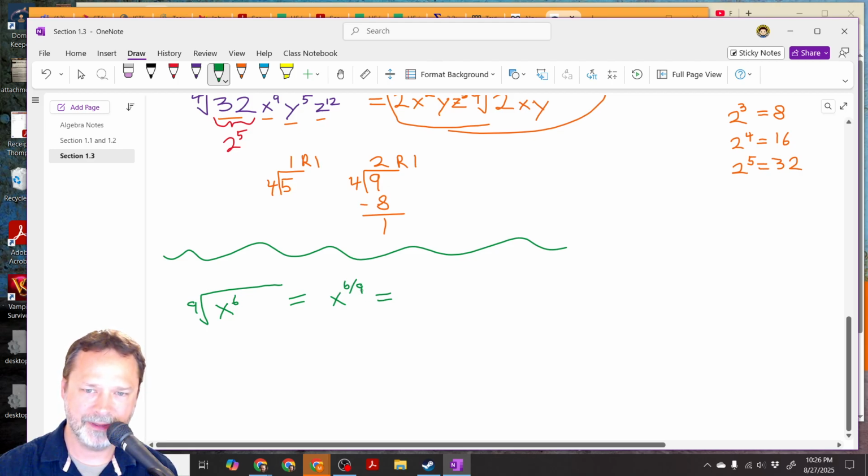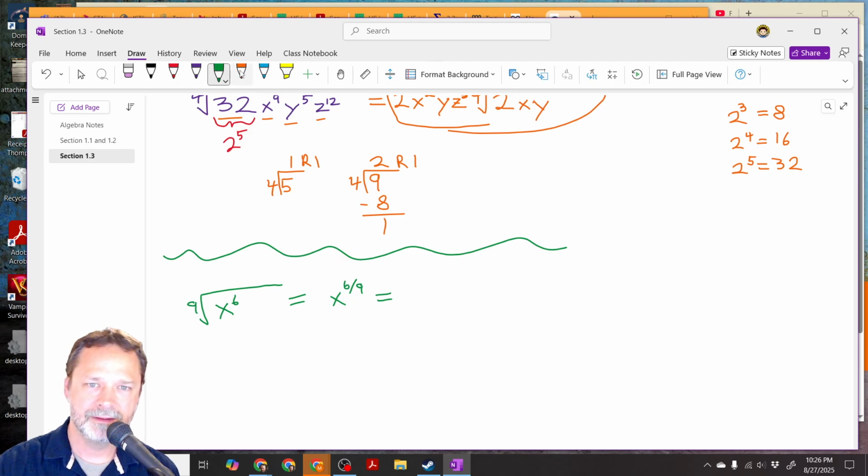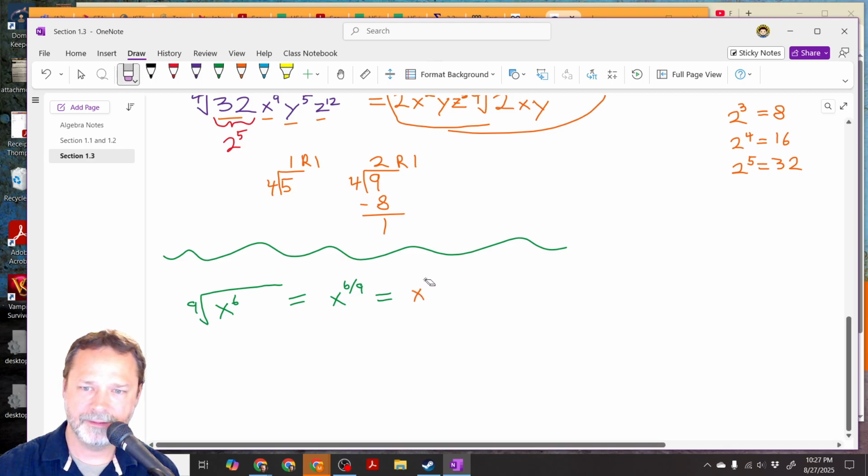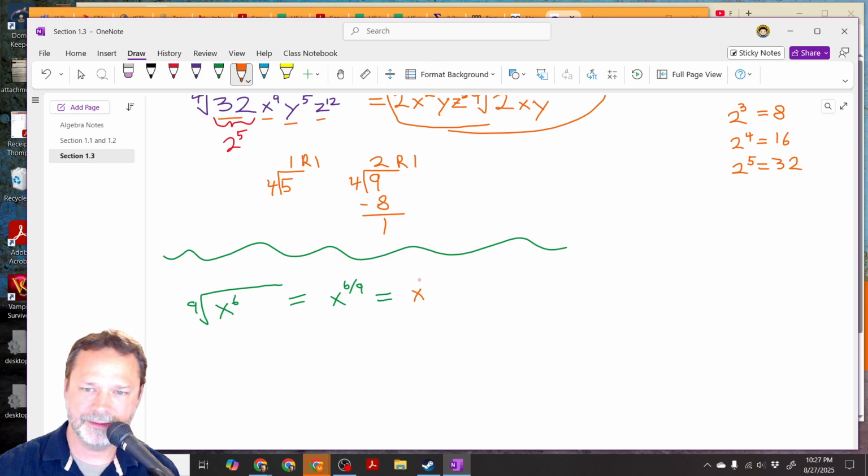I can divide the top and bottom by 2. 6 divided by 2 is 3. 9 divided by 2, I can't do that. What am I thinking? They're both divisible by 3. Let's try that. 6 divided by 3 is 2. 9 divided by 3 is 3. There. That's reduced.